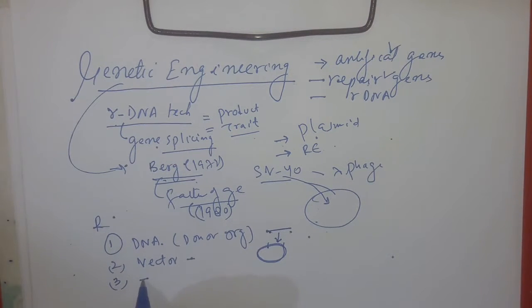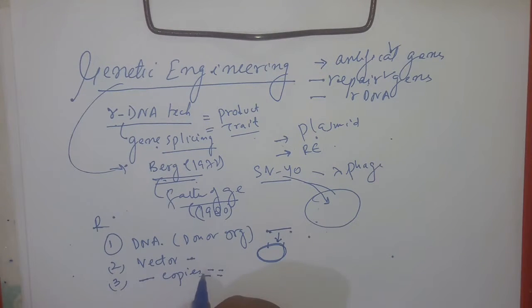Then third is producing numerous copies of recombinant DNA, that is cloning of this mixed DNA, that is desired DNA and vector, making copy of it. This is the third important step. Now we are going to take the fourth step, which is very important, that is inserting the recombinant DNA into cells of recipient organism.